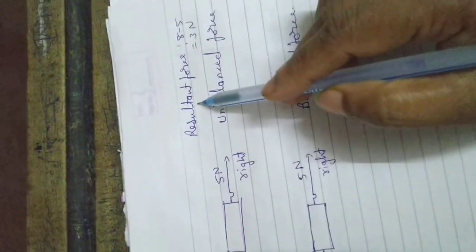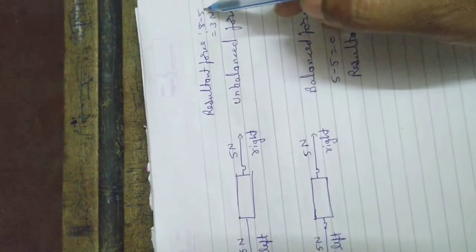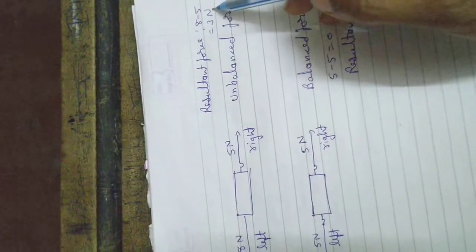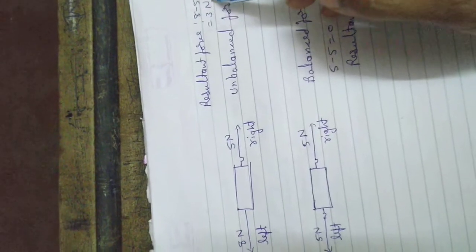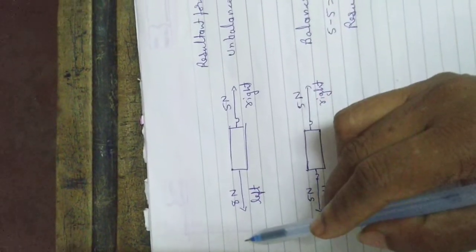So the resultant force will be 8 minus 5, the bigger force minus the smaller force, that will be 3 Newton. Because of the effect of 3 Newton force, the body is going to be pulled on the left hand side.